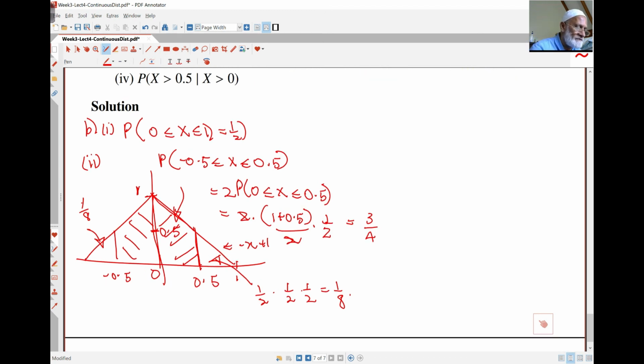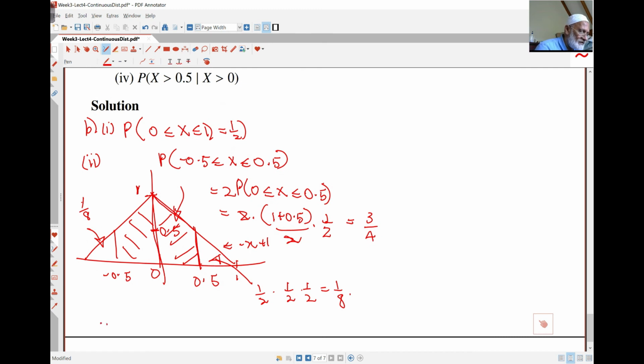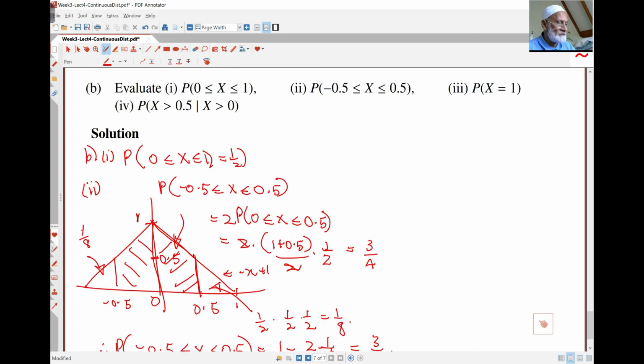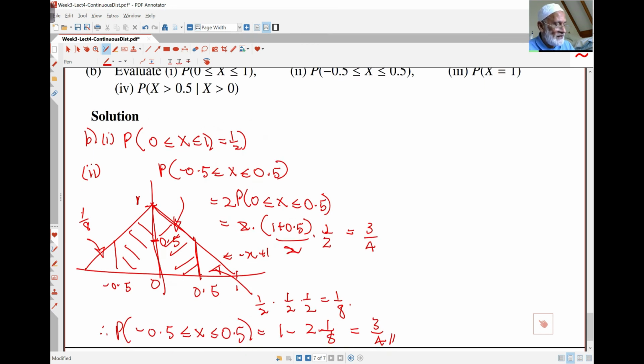So the probability that I want is 1 minus twice an eighth, and 2 times an eighth is a quarter. Again, I get 3/4. All I'm using here is the geometry. You should use the geometry in any way, as simply as possible, and do it cleverly if you can, to make your life easier. Most of these kinds of examples that you'll see here, in exams and tests afterwards, and in problem sheets at this stage, will be based on geometry.